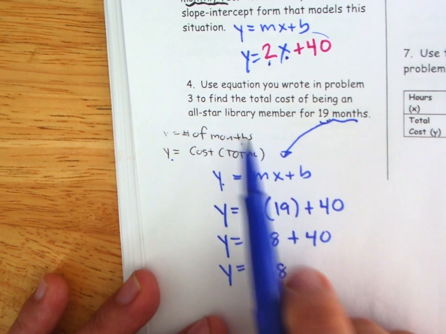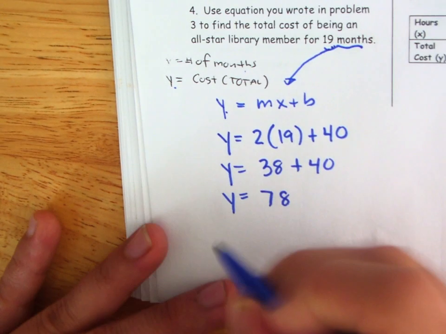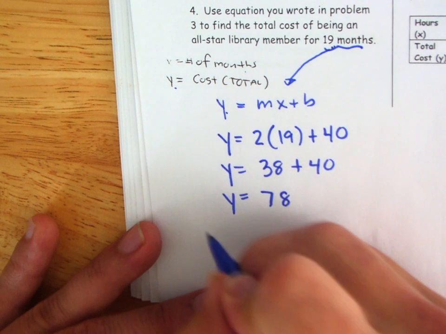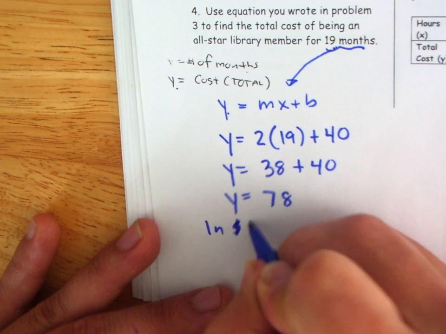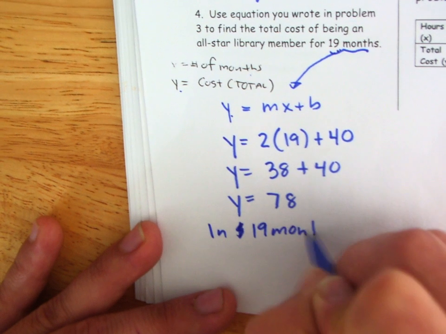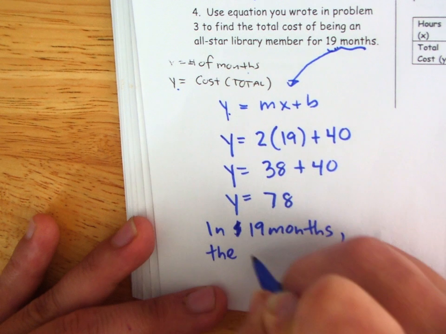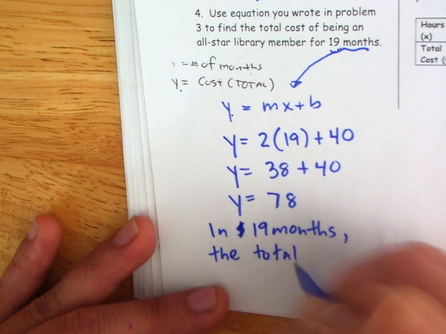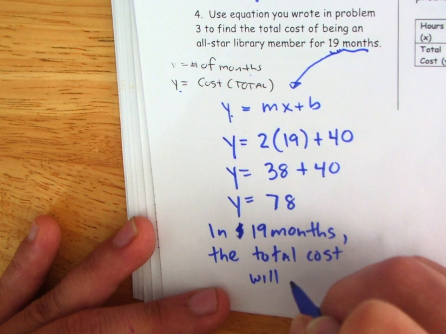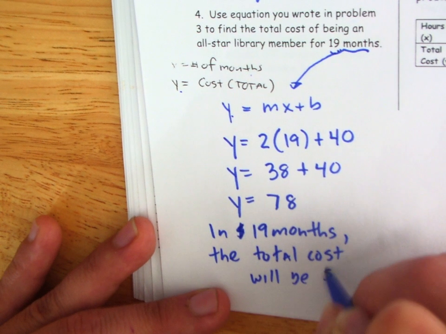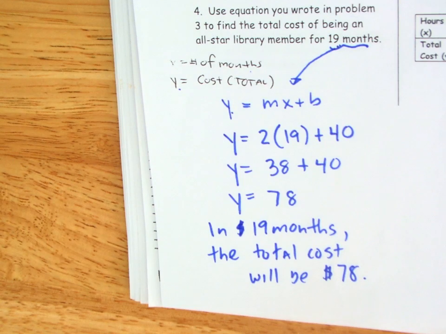The question says find the total cost. So in 19 months, the total cost will be $78. And boom, you're done.